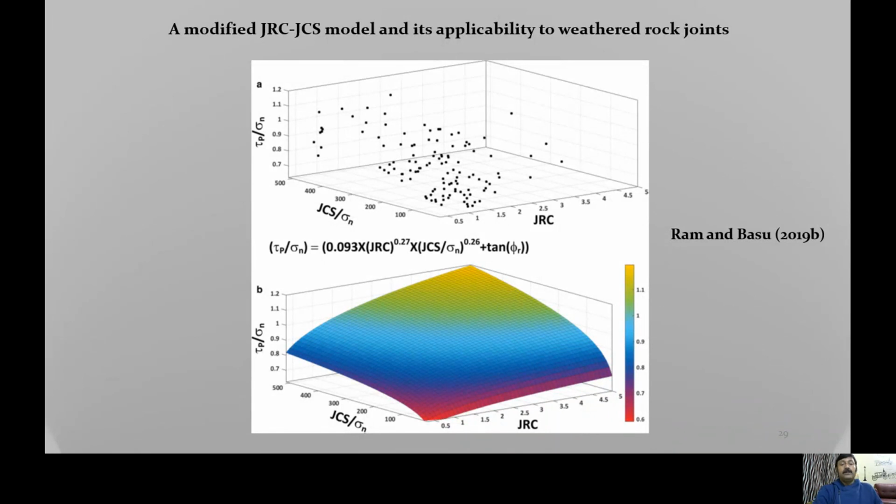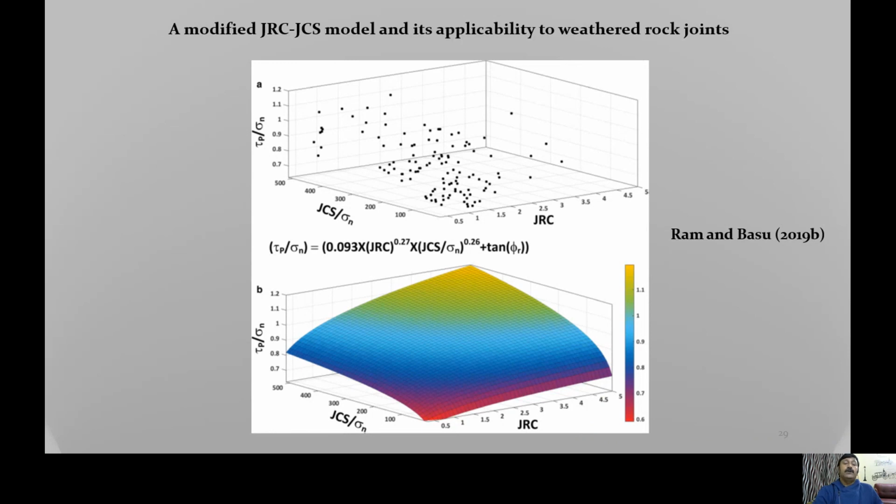Later on, although it is not there in this particular paper, we cross-checked its validity with reference to even carbonate joints, where we normally do not see any gradational change.